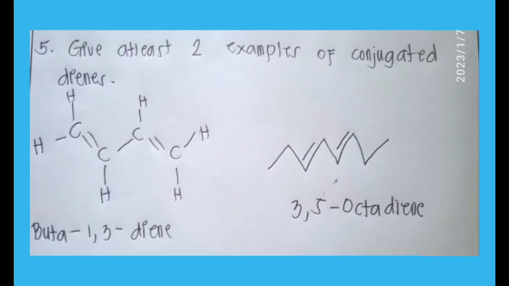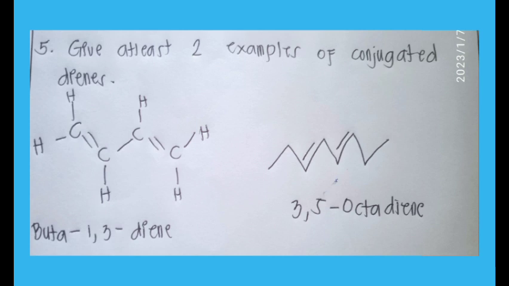Okay, for number 5, give at least 2 examples of conjugated dienes. Conjugated dienes are 2 double bonds separated by a single bond. For the first example, we have butadiene, where the first carbon is double bonded to another carbon, and it is separated by a single bond from the third carbon, and the third carbon is double bonded to the fourth carbon.